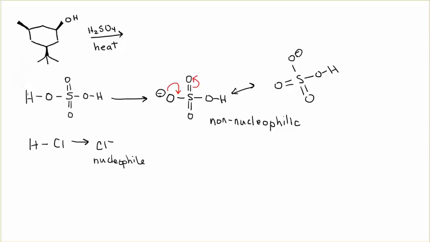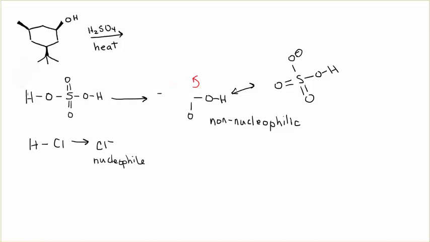It's not just completely localized on that oxygen, so it's non-nucleophilic because it's not a really concentrated negative charge. It's also non-nucleophilic because this is really bulky. So bulky things aren't usually good nucleophiles. They can't get in to bond. So sulfuric acid is used as a non-nucleophilic acid.